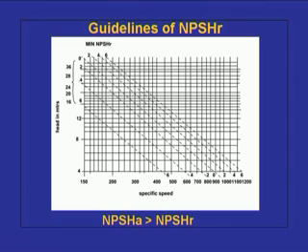The NPSH required also depends upon the specific speed and the head of pumping, which is given in units of meter here. So if I know my specific speed and I know the head over which the lifting is taking place, then we can determine the minimum net positive suction head required, and then we make sure that the pump is installed in a manner that NPSHA is greater than NPSH required.